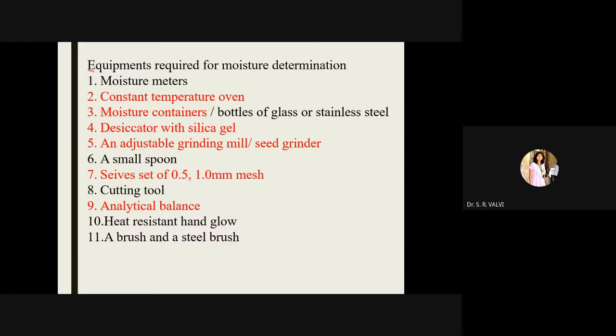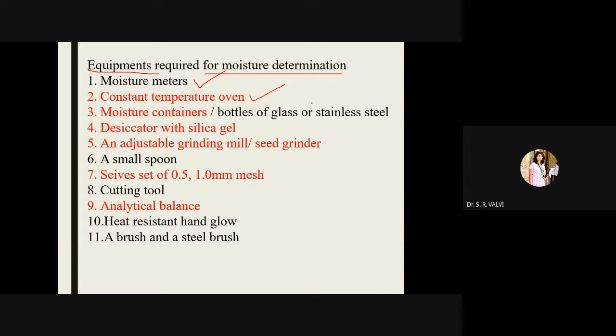The next point is equipment required for moisture determination. Which equipment is required? First is the moisture meter, an instrument which gives us an accurate measurement of the moisture present within the seeds. Next, a constant temperature oven, so that we can keep our seeds for drying.